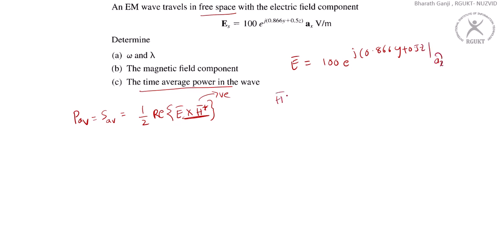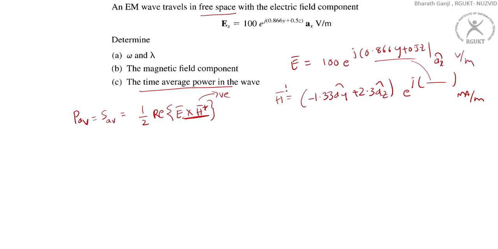Whereas your H bar is given by minus 1.33 times ay cap plus 2.3 times az cap into e power j times this factor here, and of course it's in milliampere per meter. And this is in volt per meter.